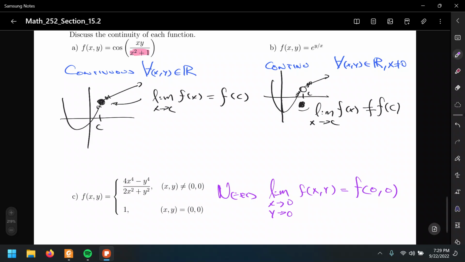We need to make sure those two quantities are the same.